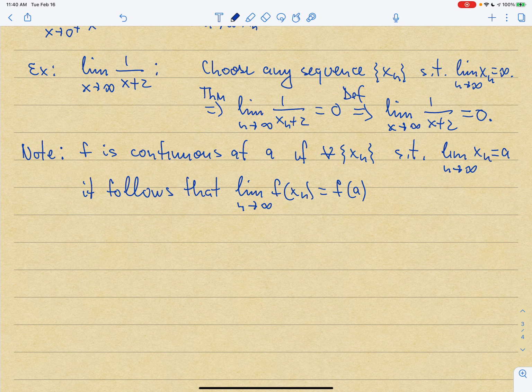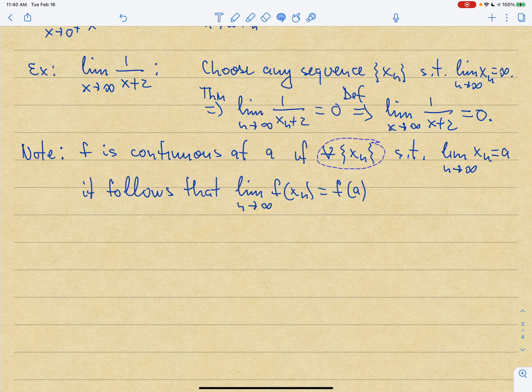Well, but let's look at this more carefully. What it says is that for any sequence xn such that the limit of xn equals a, the limit of f of xn is equal to f of a. But that matches perfectly our definition of a limit that we just gave, right? In this case, I'm not restricting xn to be to the right or to the left of a.